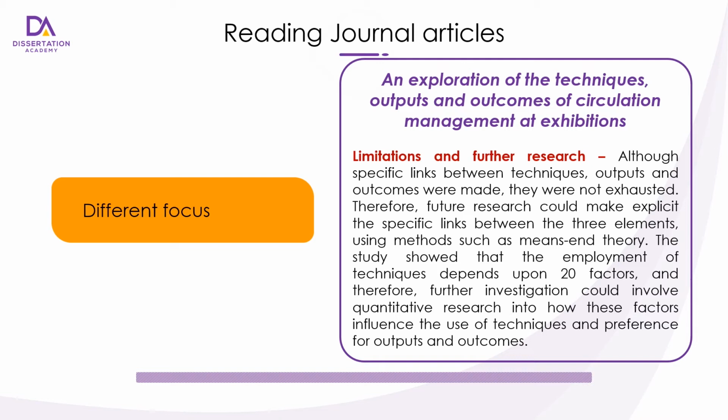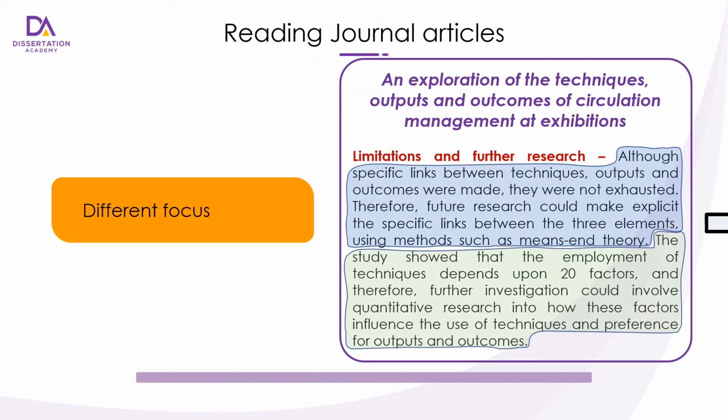And in the section on the limitations and further research, we identified 2 possible areas of research based on our own study. One focuses on the opportunity to explore specific links between the 3 elements in the research: techniques, outputs, and outcomes. And the paper even goes further by suggesting what methods could be used to look at that, in this instance, the means-end theory.